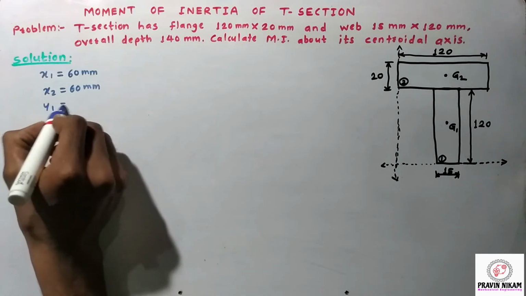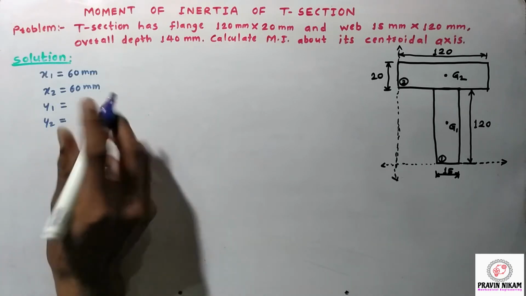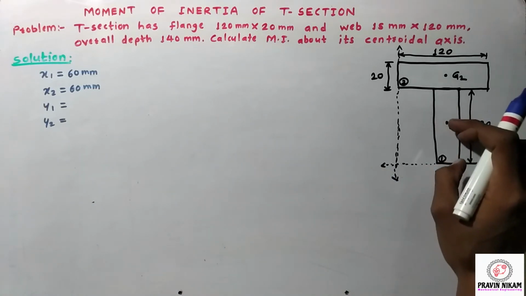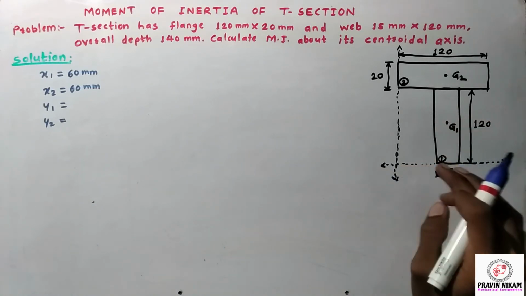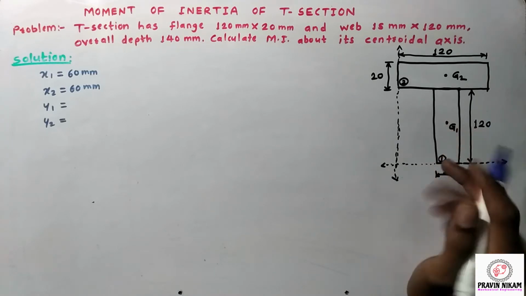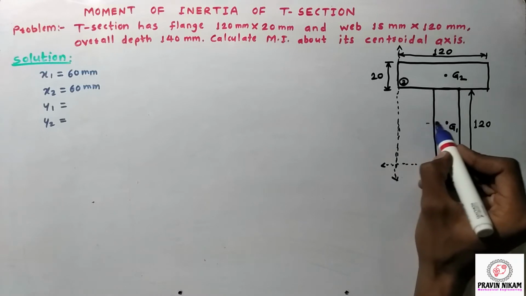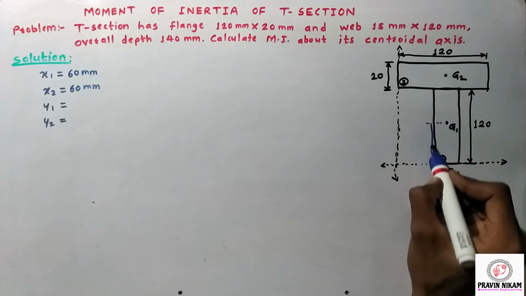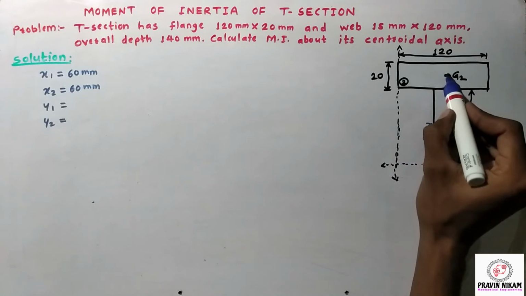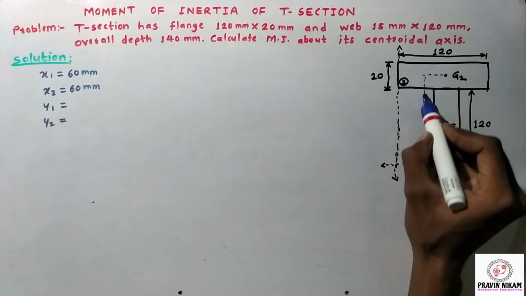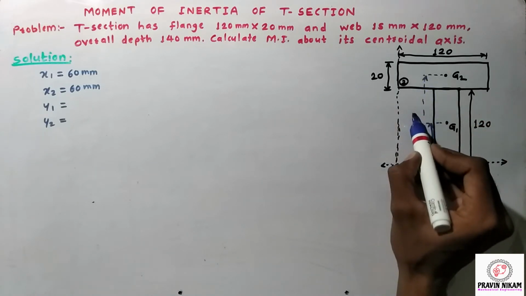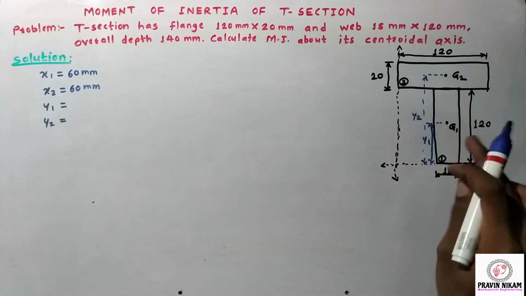Now y1, y2. y1 is the distance of G1 from the bottom, and y2 is the distance of G2 from the bottom.